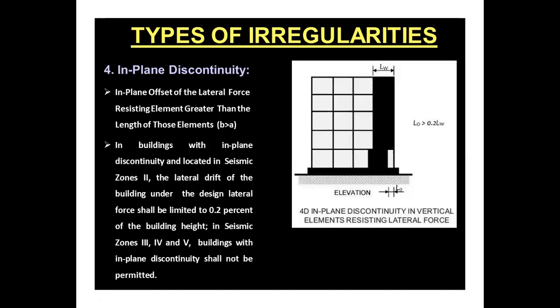Next is in-plane discontinuity, right? As shown in the figure, the in-plane offset of the lateral force resisting element is greater than the length of those elements, which means B is greater than A. In a building with in-plane discontinuity located in seismic zone 2, the lateral drift of the building under the design lateral force shall be limited to 0.2% of the building height, and in seismic zones 3, 4 and 5, buildings with in-plane discontinuities shall not be permitted.